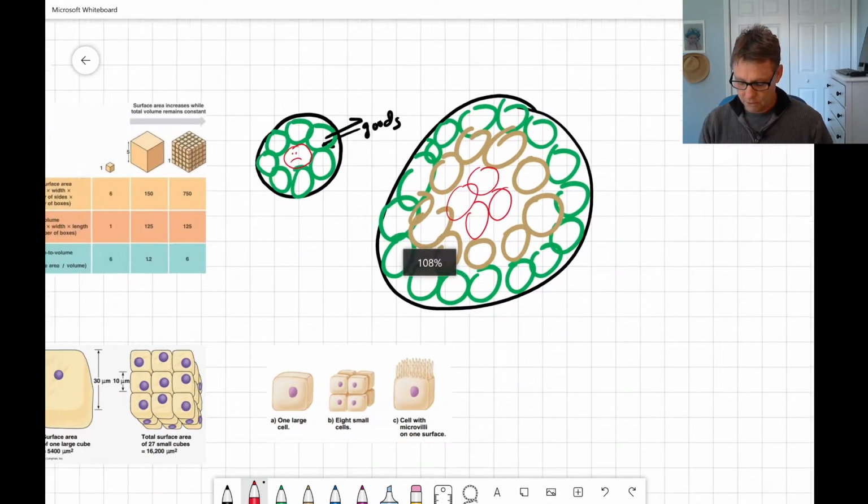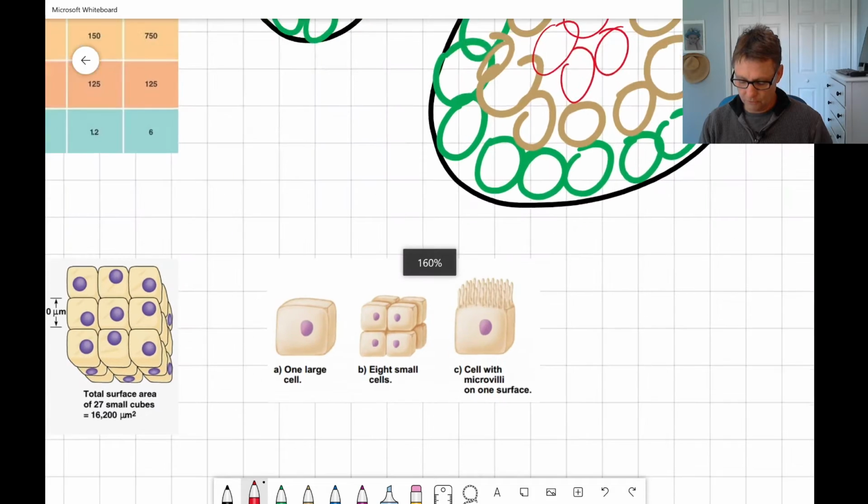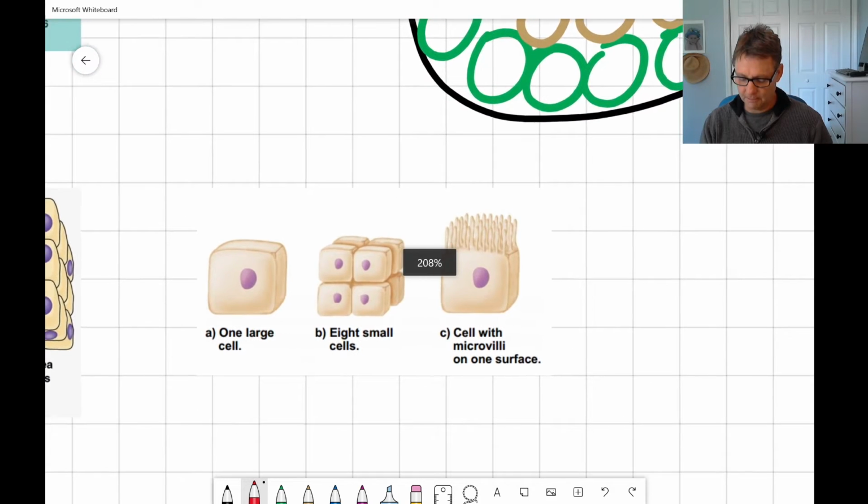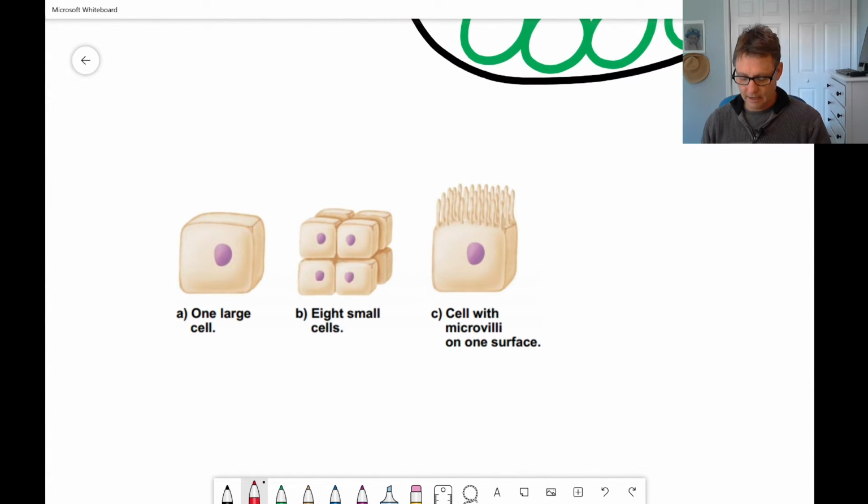Okay, so then you can also think of these modifications happening in different forms, and this is one large cell versus maybe 8 cubed cells versus a cell with microvilli. And so here we have these membranes that are wavy. And that brings us back to the topic.